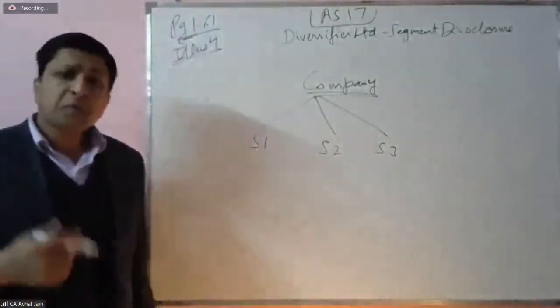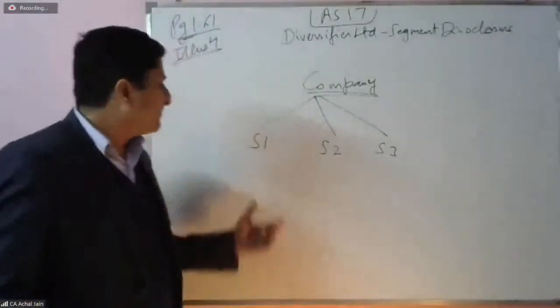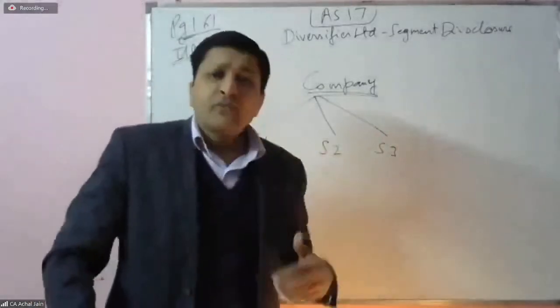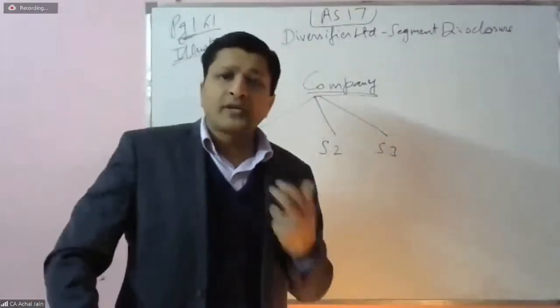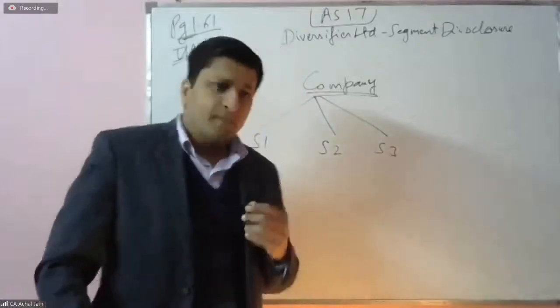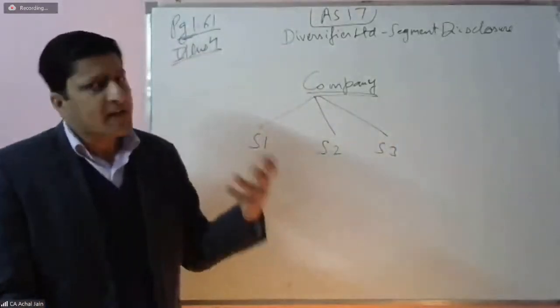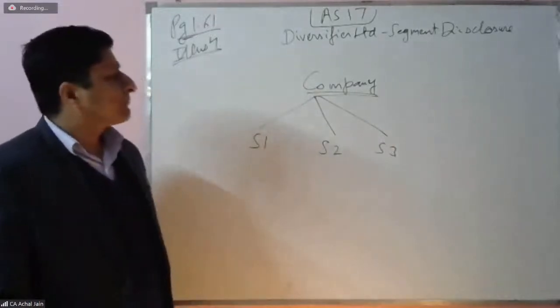What is the purpose of having these divisions? To carry out operations, which will generate revenue and profitability. And that's why every segment will have its own assets as well as liabilities.